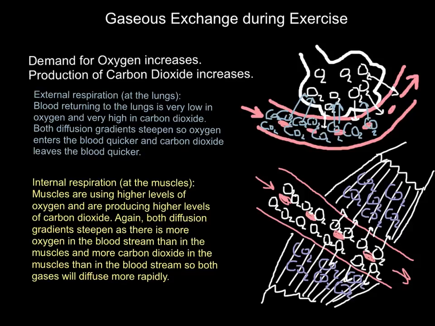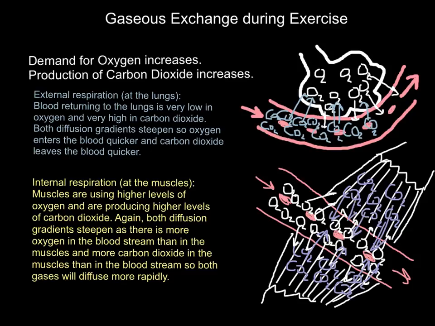It's just going to get straight in there because it's such a high partial pressure in the bloodstream. And like I said, there is none in the muscle because the muscle is using it. As soon as it enters, it's getting used. Conversely then, CO2 levels, the muscles are producing rapidly high levels of CO2, and there's hardly any CO2 or no CO2 in the blood. So we are going to have rapid diffusion of CO2 into the bloodstream from the muscles.